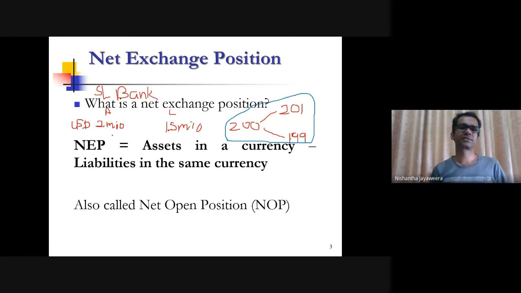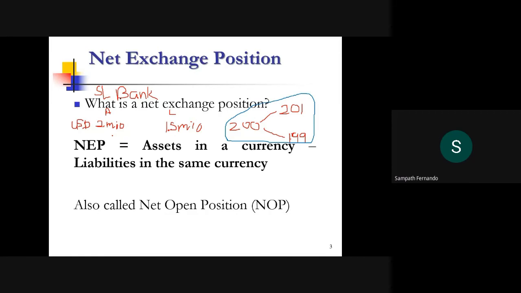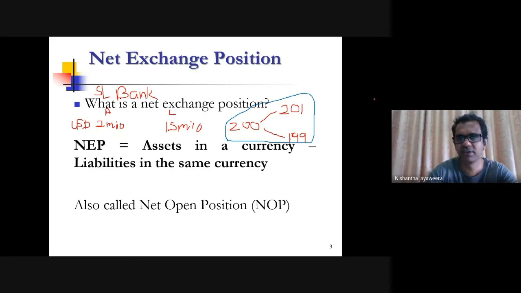The bank has foreign currency assets worth $2 million and liabilities of 1.5 million. Rates going down, so that means 199, it is risky for the bank. If the exchange rate goes down to 199, it is a risk for the bank.